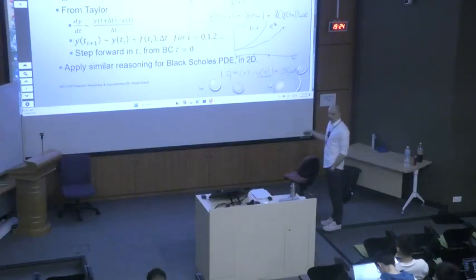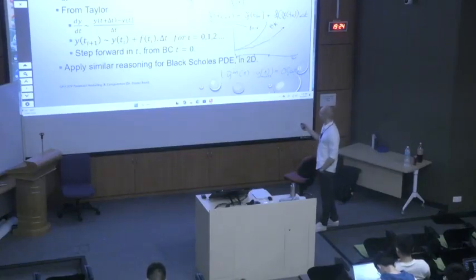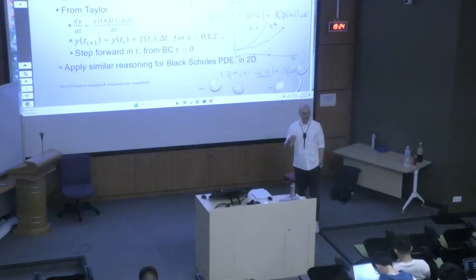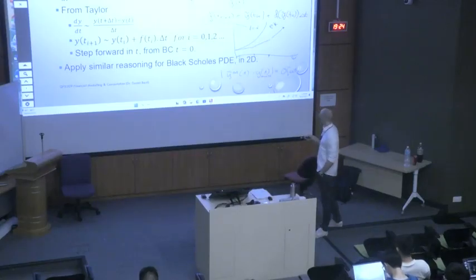In this example you can calculate explicitly what this solution is. It will be just 1 plus delta t to the power of the number of time steps, and that's the error.